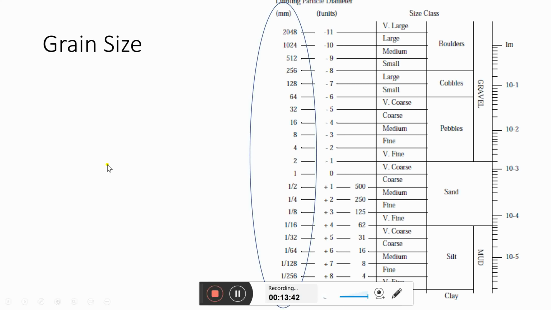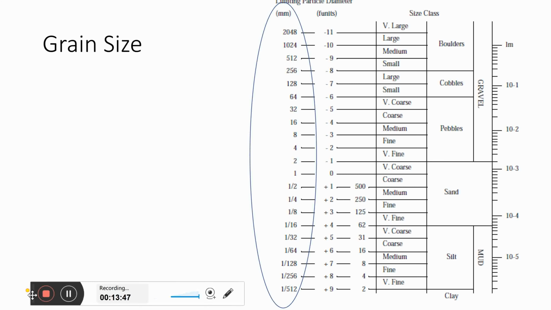Okay, first of all, grain size. As you can see, here is the range of grain sizes that exist in nature from clay to boulders. For clay there is minimum size, and for boulder there is very large size.